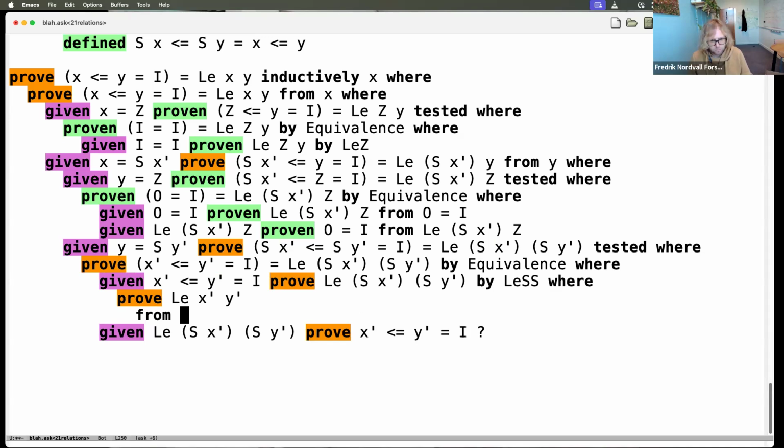I know that I've got an equivalence only with primes on. And I want to show that the left-hand side implies the right-hand side. And remember, a moment ago, we proved that.